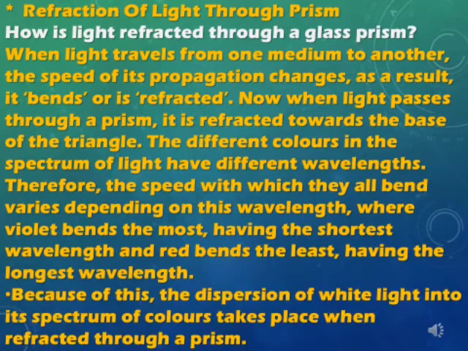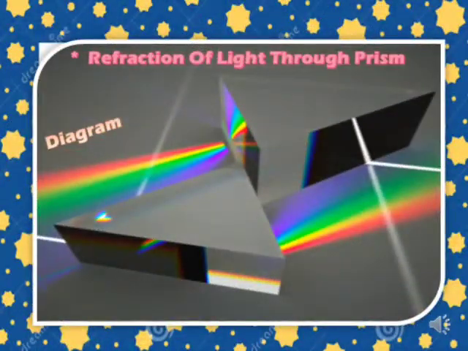Because of this, the dispersion of white light into its spectrum of colors takes place when refracted through a prism. This is the diagram, you can see.